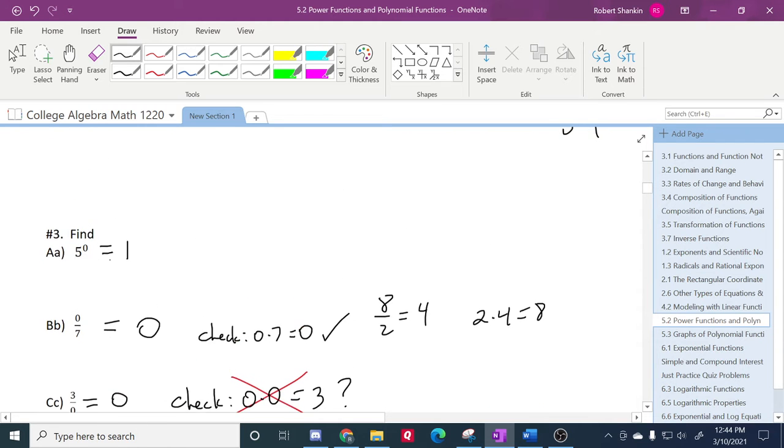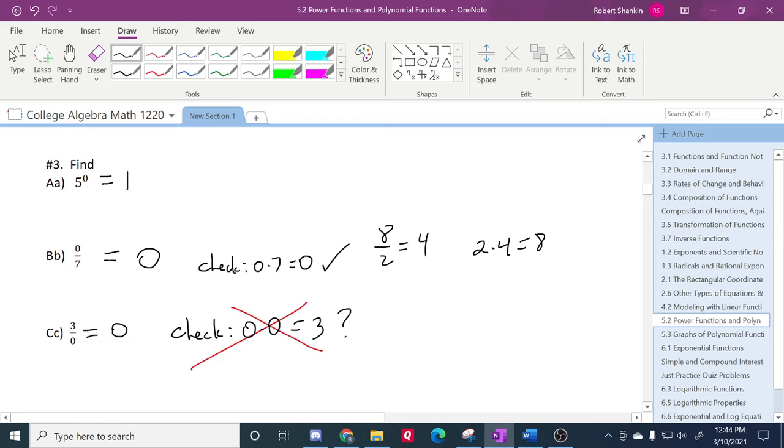Alright. Give me a little feedback on these 3. Is this too basic, or is it helpful to review these periodically?